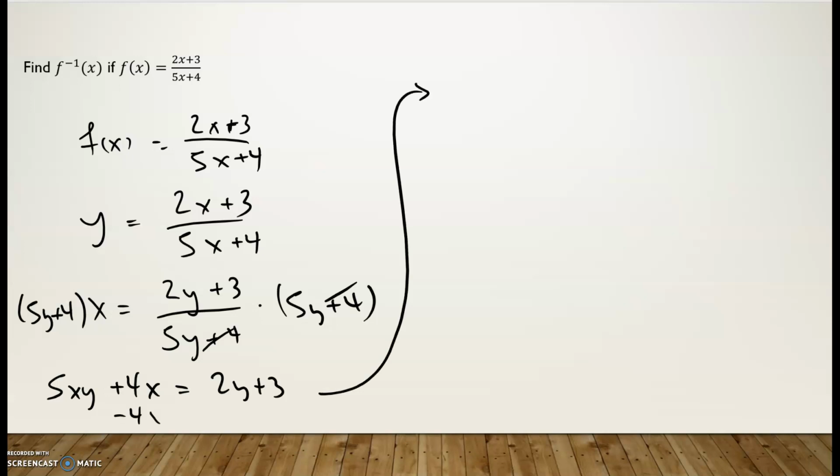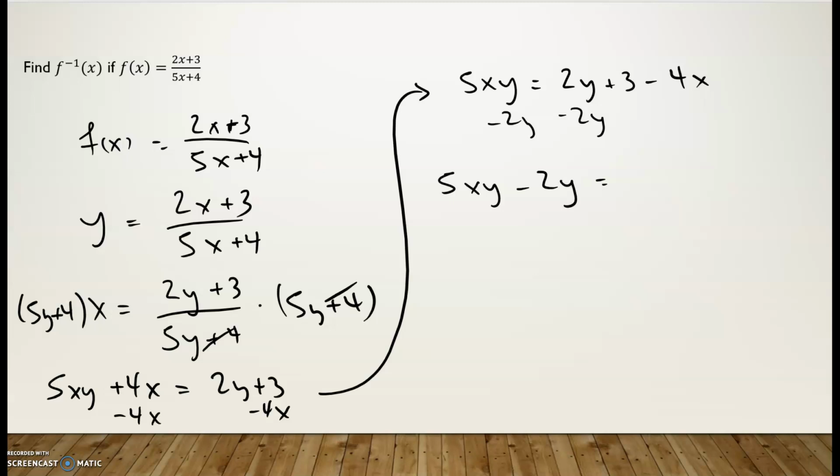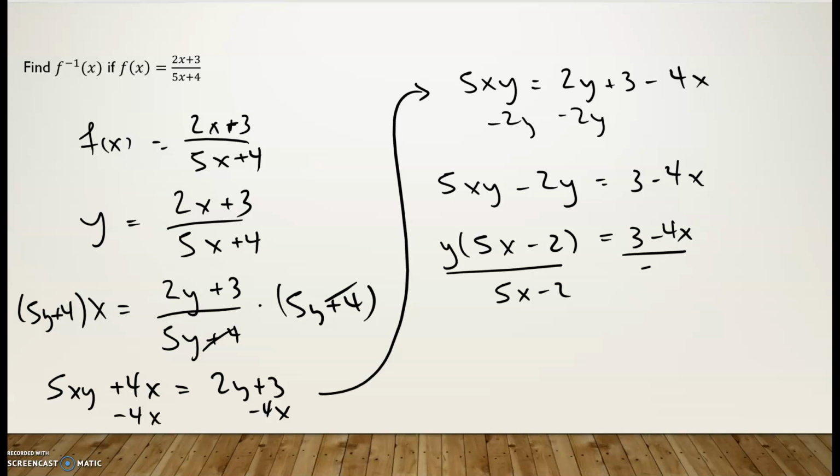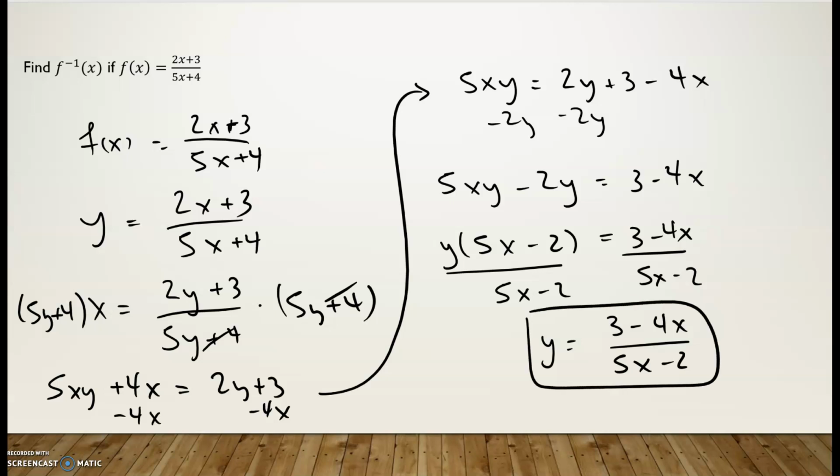I'm going to move that 4x over, so 5xy is equal to 2y plus 3 minus 4x. I'm going to move the 2y over to get all my y's on one side, like I did in the last problem. Factor out a y, and then divide by 5x minus 2. So y is equal to 3 minus 4x over 5x minus 2, and that would be my final answer.